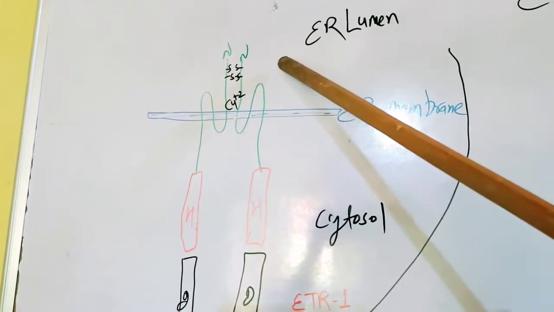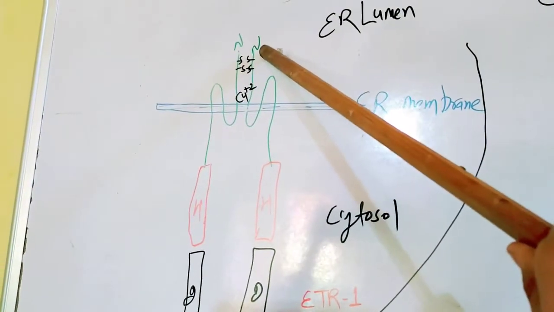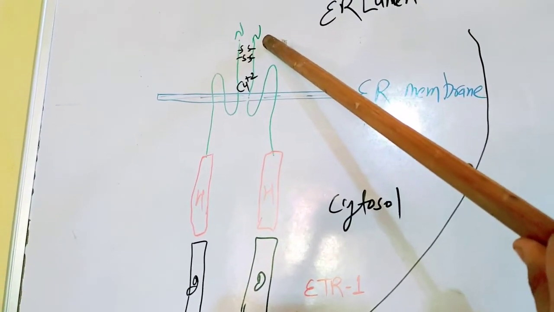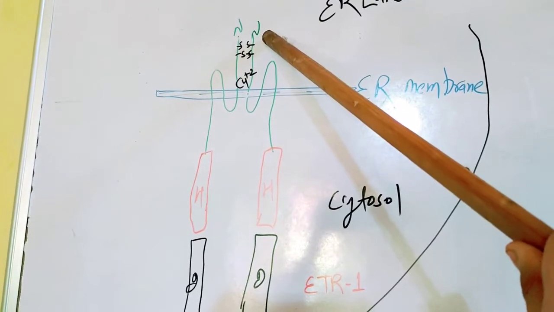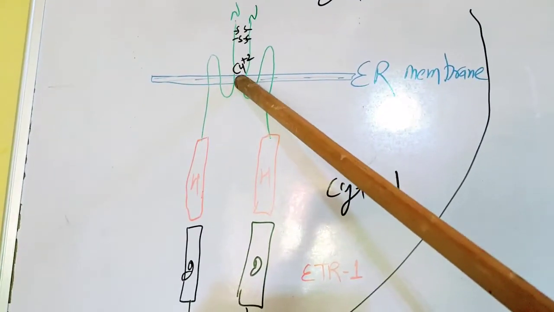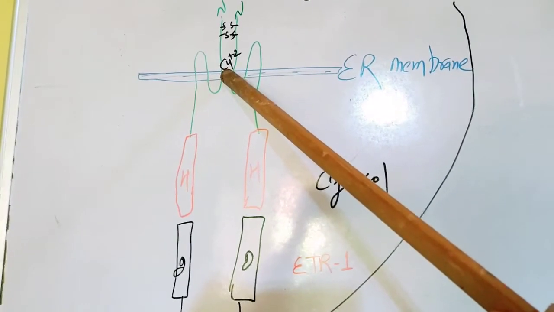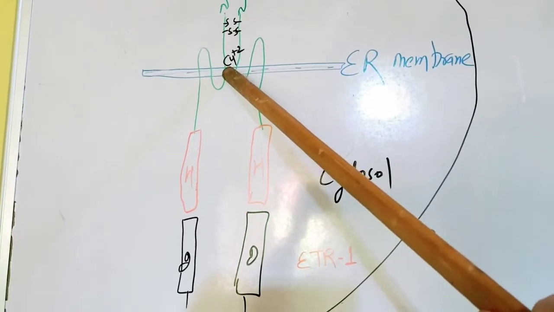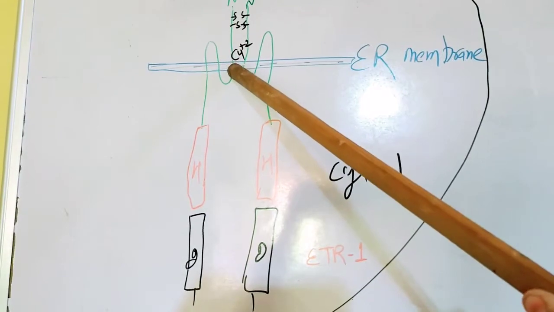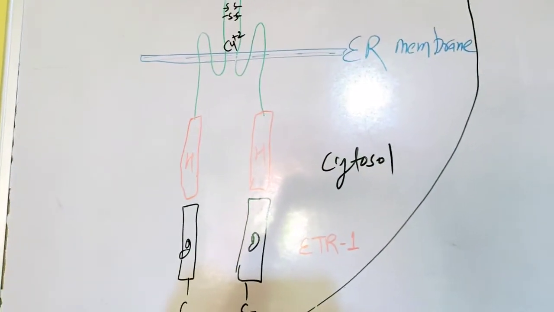As you can see, here is the N terminal end of your receptor ETR1, and you can see there is a copper ion. If any inhibitory things come or bind to this region, then your receptor will be off.